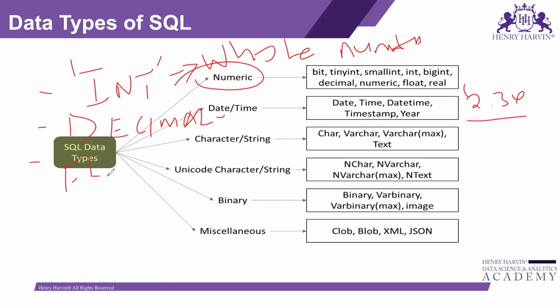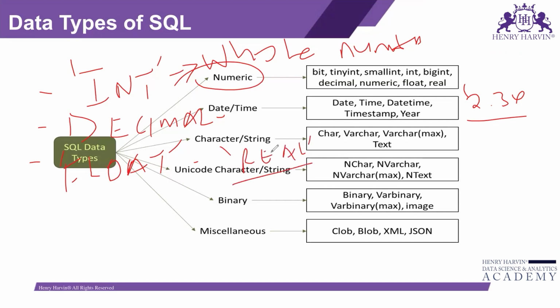Then the other bit that we have is the float. The float data type in the numerics, we use it so that we can give floating point numbers with single precision. It can be float or what we refer to as real.